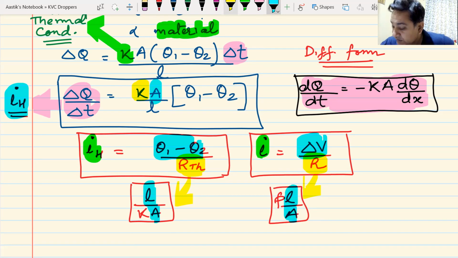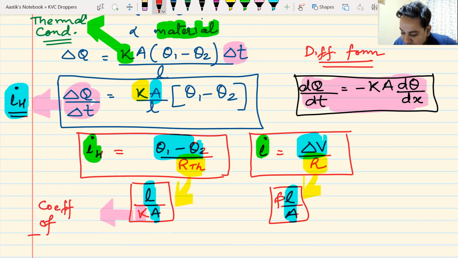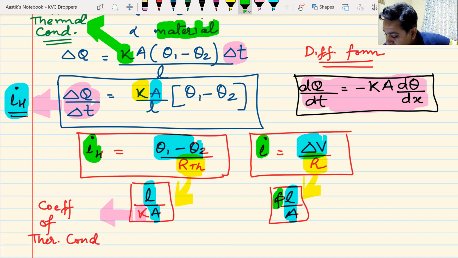Now, this K gentleman is the coefficient of thermal conductivity. This gentleman here is resistivity. Do we understand resistivity, or electrical resistivity?